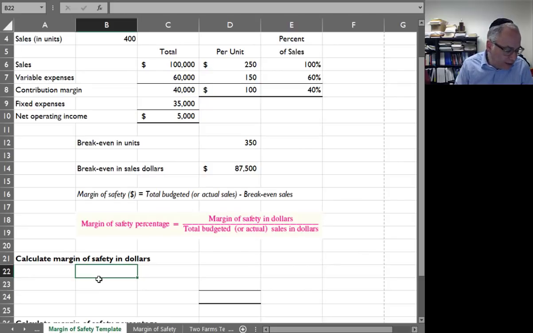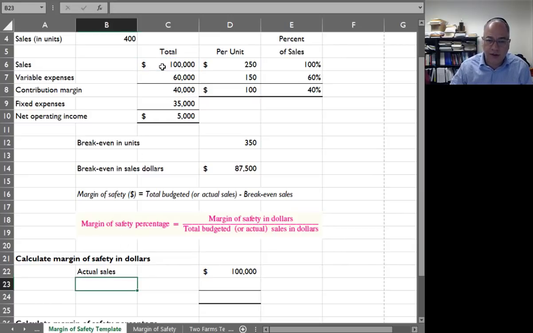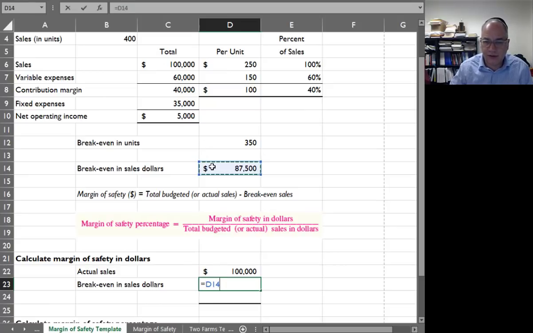So margin of safety in dollars, I would take my actual sales. In this case, actual sales are 100,000. And I would take my break even in sales dollars. Obviously, you want to compare sales dollars.